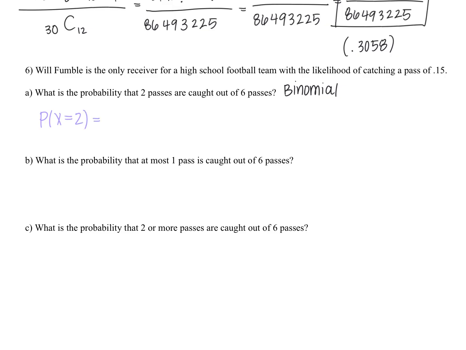So when we do our formula, we have to do n, which is 6, choose k, which is 2, times my probability of success, 0.15 squared, and then 1 minus 0.15, and then my exponent is 6 minus 2, which is 4. And then I just plug that into a calculator, and we get 0.1762.